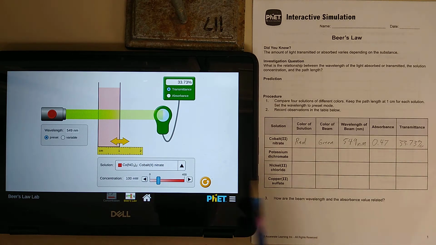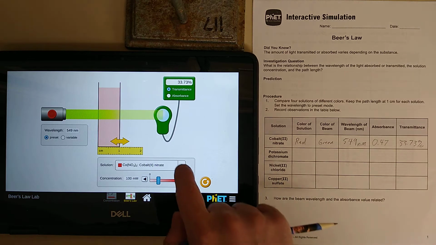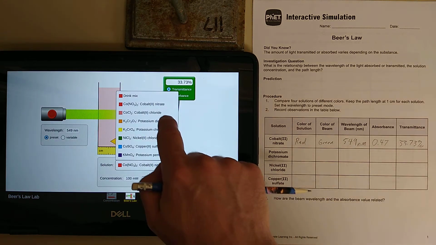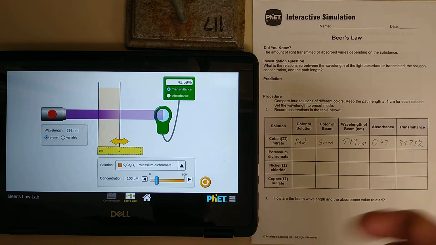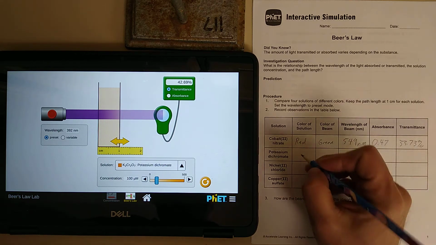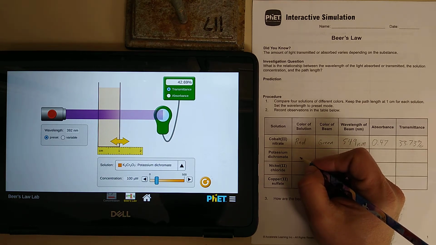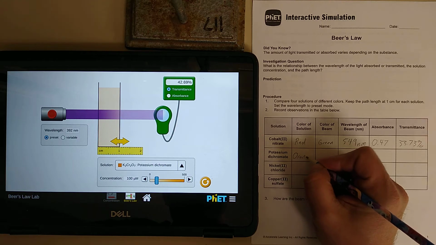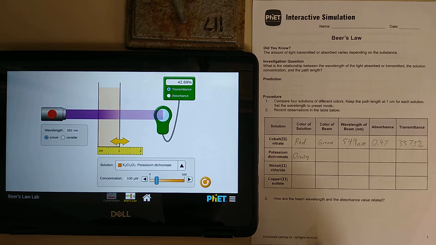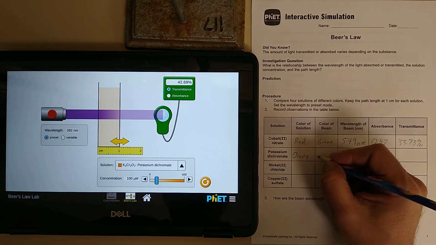All right, next one is potassium dichromate. So we'll switch to that. There are some changes here. Color of the solution is kind of an orange color, and the light looks purple.